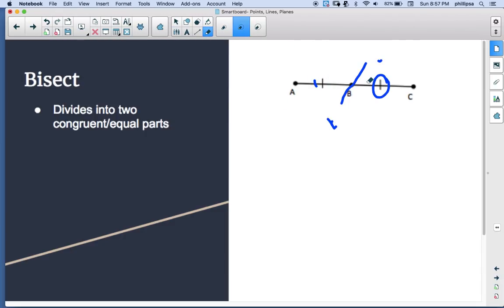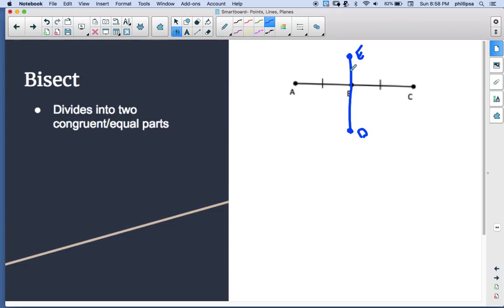I can also have another segment that bisects it. I could call that segment DE. So again, I would know that DE would bisect AC because I see the two congruent markings dividing it in half. So I could say that ED bisects AC at B. Now notice that I said that AC is being bisected by ED.